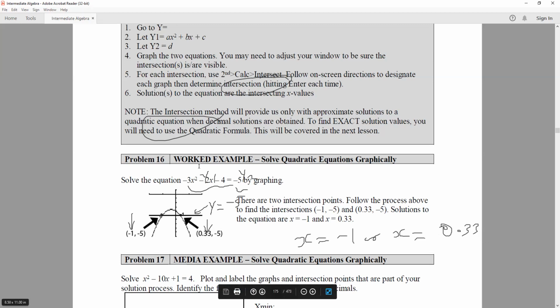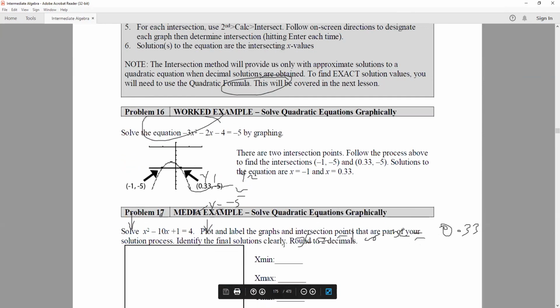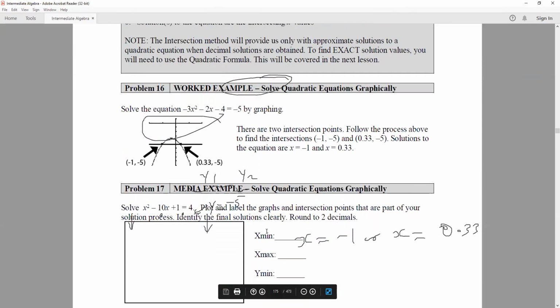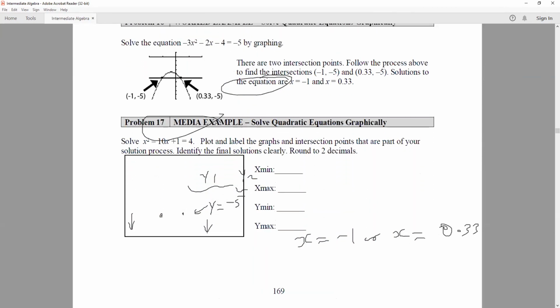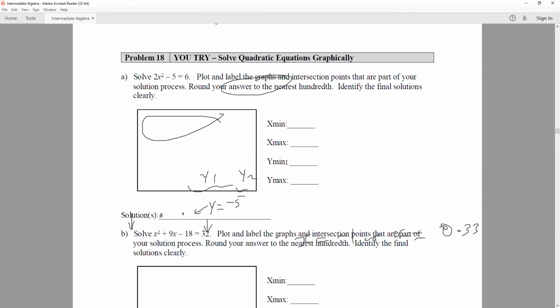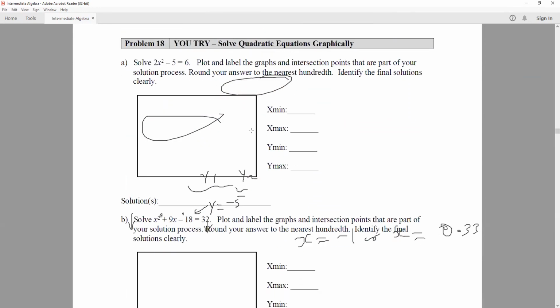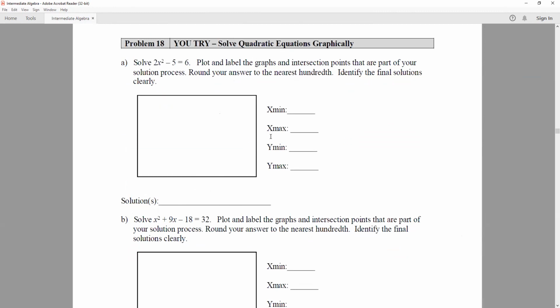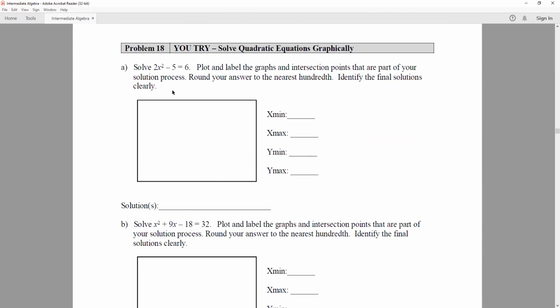Okay? So you can try this on a calculator, but let's look at problem 17. Problem 17 is a media example, so there is a video on it. So I might as well skip it. Please watch the video and then find the solutions for x. Now let's quickly look at B. Okay, let's look at problem 18.